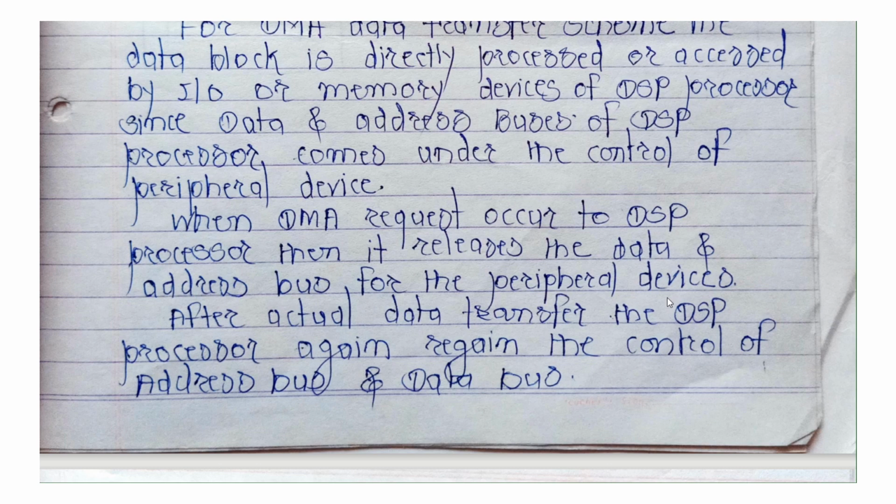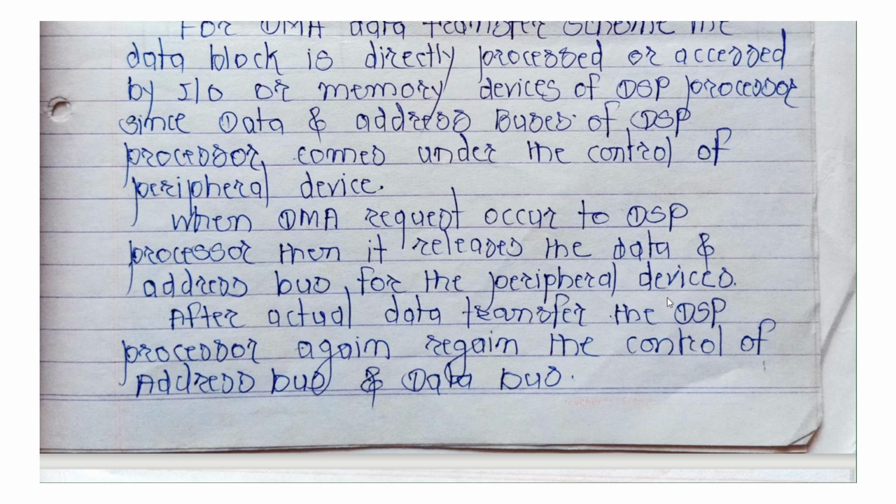But when there is a request from the outside world to the processor that it requires DMA data transfer, at that time what happens, the processor hands over the charge of the data bus and address bus to the DMA controller, and all the data and address bus works for the data transfer.